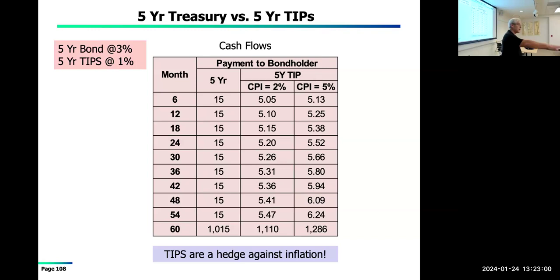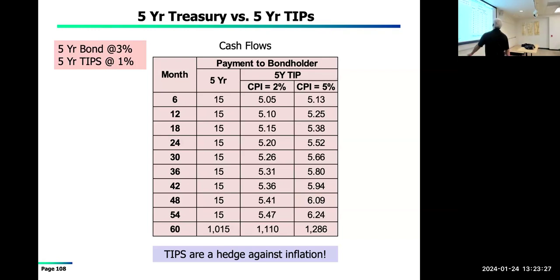Since it's treasuries, there's no credit risk, right? It's just protected against inflation. By the way, the reason the Federal Reserve likes TIPS is because it gives them a market read on expected inflation, with emphasis on the word expected and the word market expected inflation, as you'll see in a second.